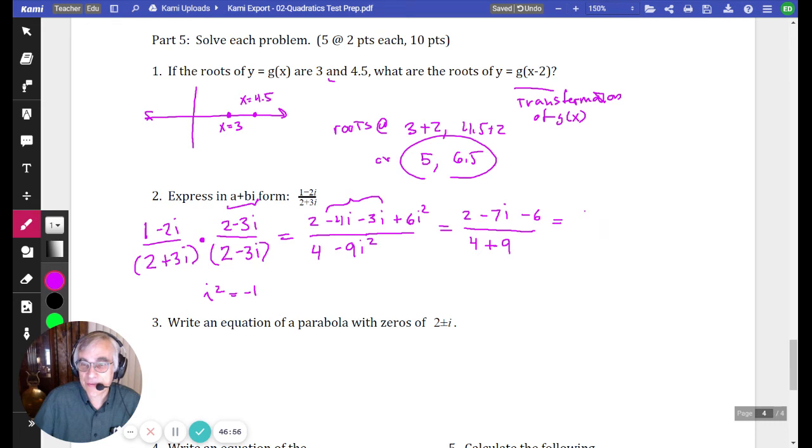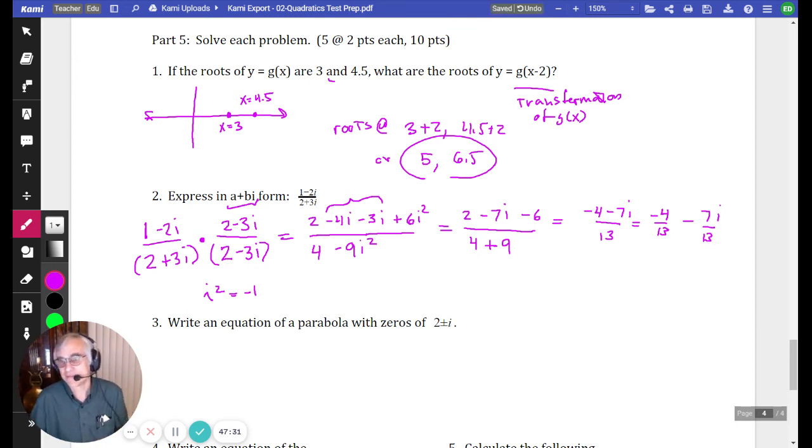So this becomes in the numerator negative 4 minus 7i, and then the denominator is 13. And really, we're there. But if I truly want to write it in a plus bi form, I want to separate this fraction into 2 distinct things. So I would say that it is this real part, negative 4/13, and then this imaginary part, negative 7i over 13, or negative 7/13 i, either way.